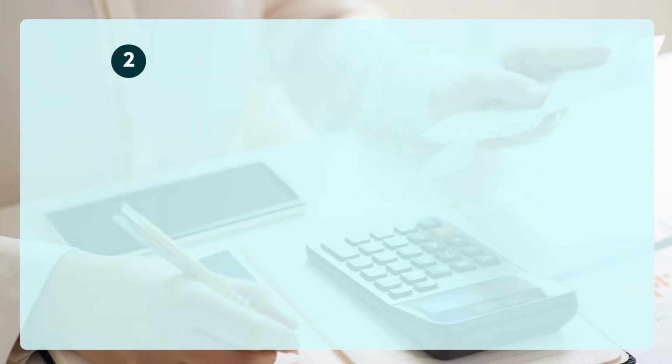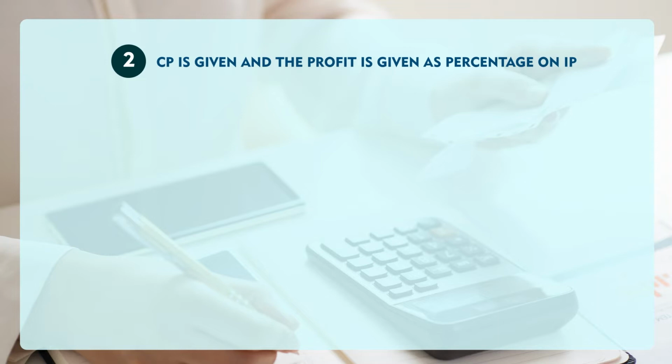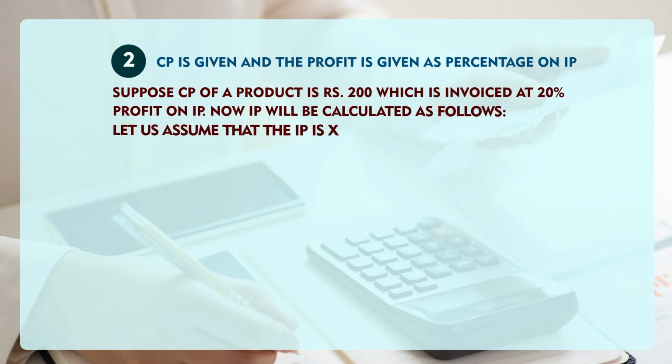The second situation is cost price is given and the profit is given as a percentage on IP. Suppose the cost price of a product is 200, which is invoiced at 20% profit on IP.